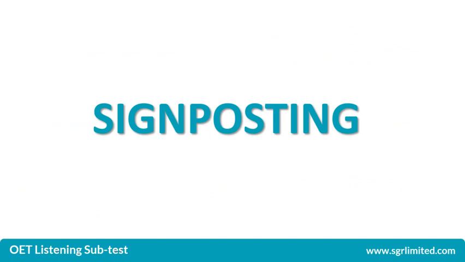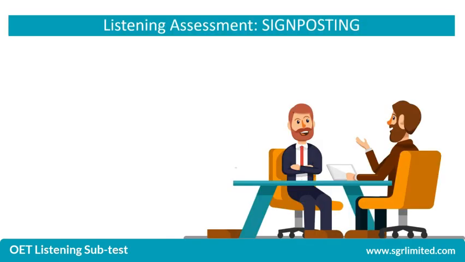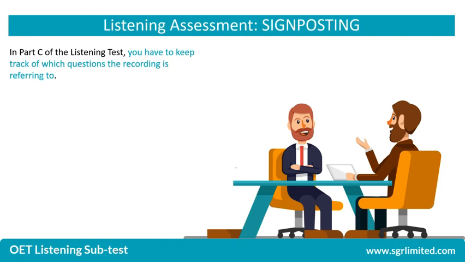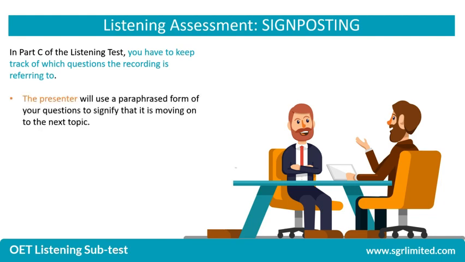Whether you are listening to an interview or a presentation, always identify these clues or hints, which we call signposting. In Part C of the listening test, you have to keep track of which questions the recording is referring to. The recording in the presentation includes cues that you can use to identify when to move on to the next question.